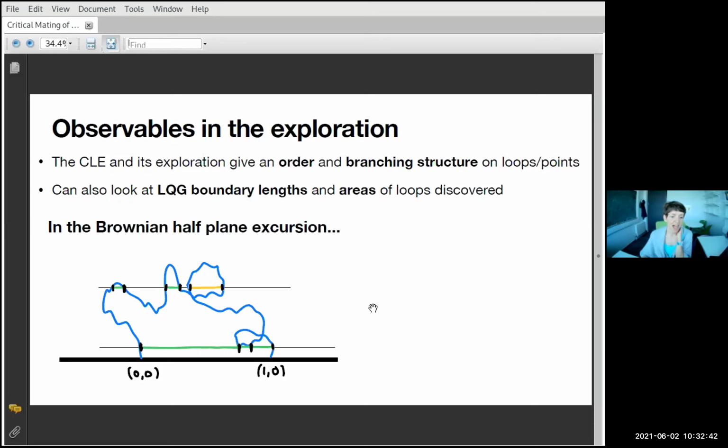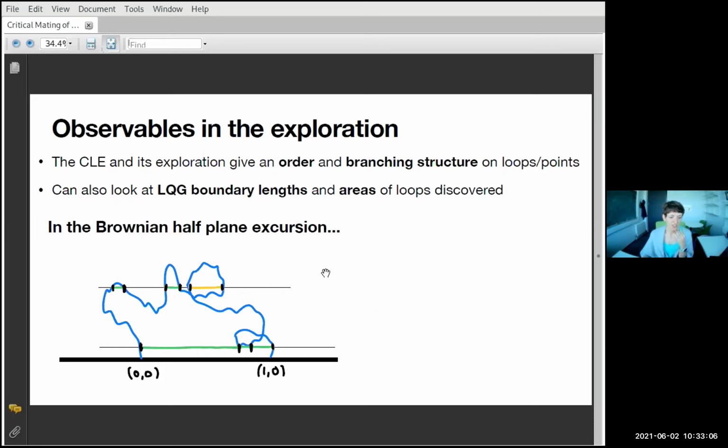Okay. And associated with each of these sub-excursions above a given height is 2 natural quantities. So the duration of the sub-excursion, so just the time it takes for the Brownian path to traverse it, and also its displacement, so the difference between the left and the right endpoints of the excursion.